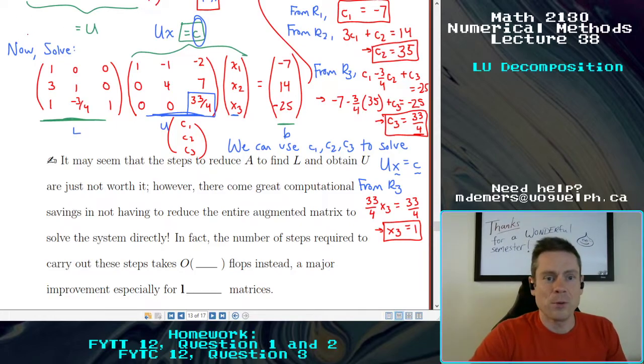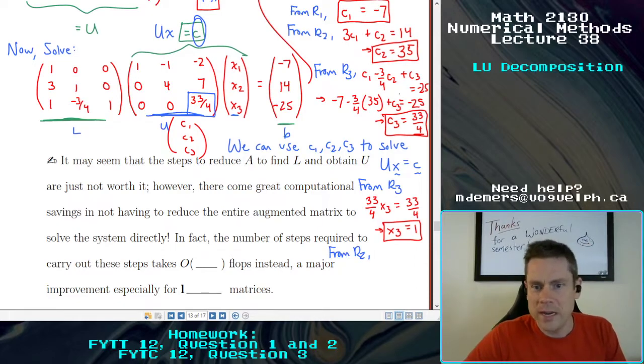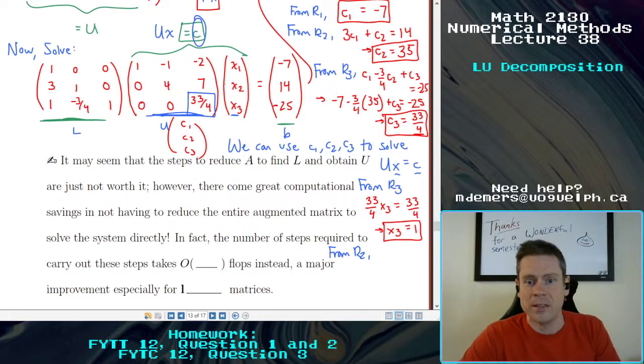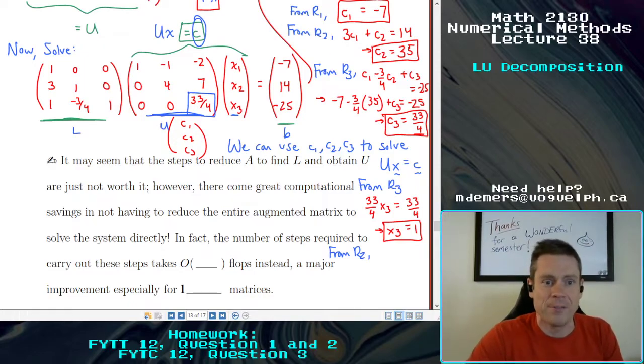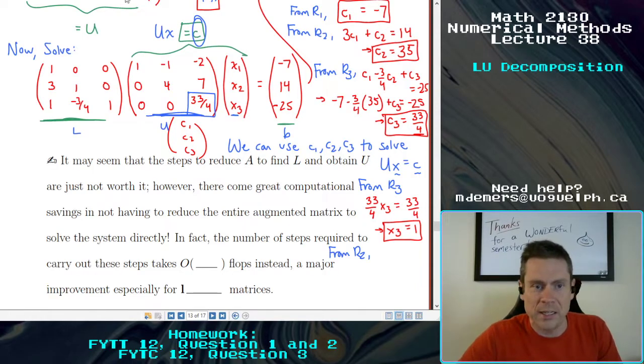Okay, from row 2, we needed 4x2 plus 7x3 to be equal to c2, which is 35. So we need that to be true.